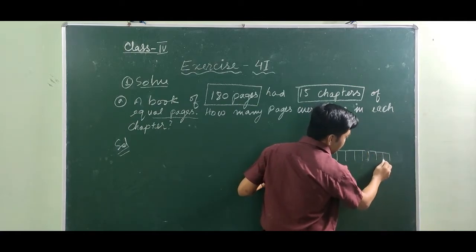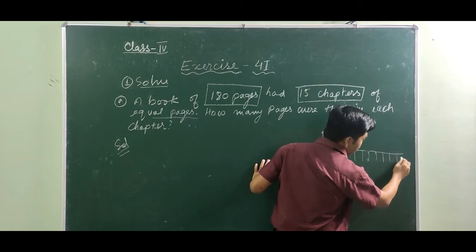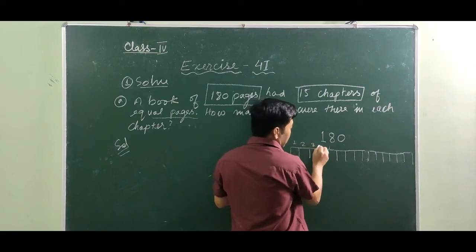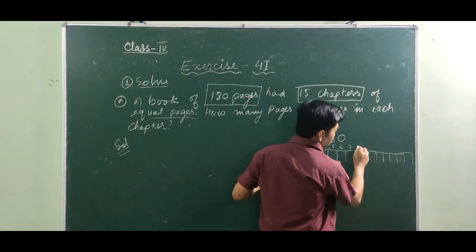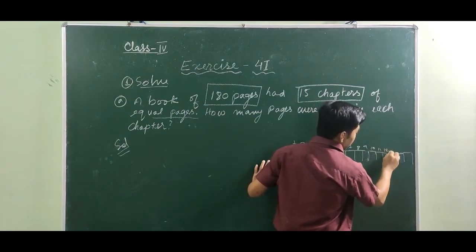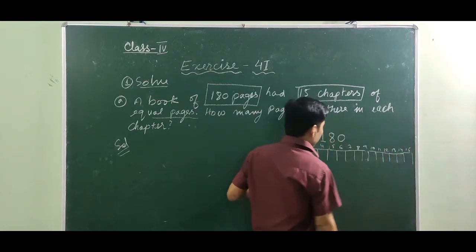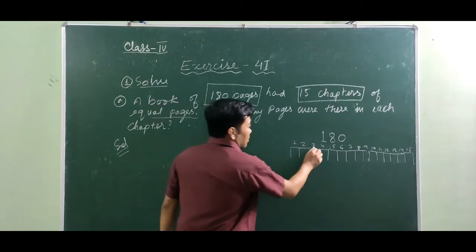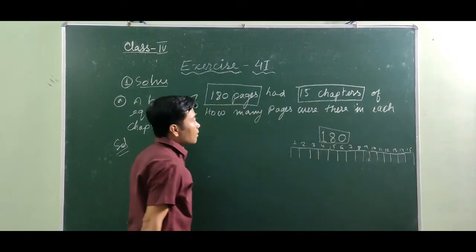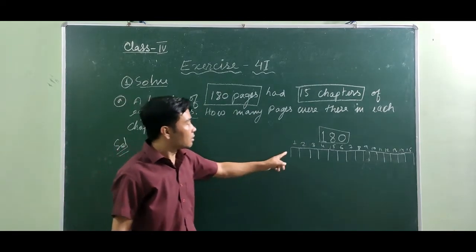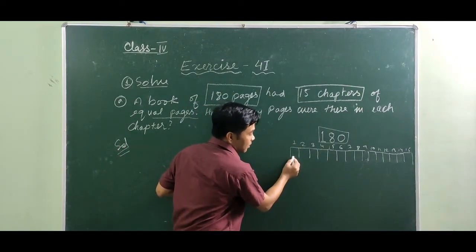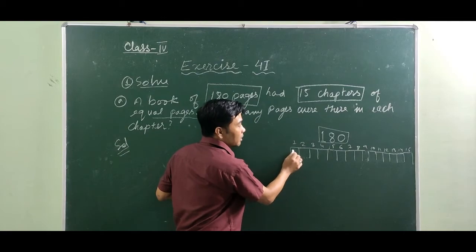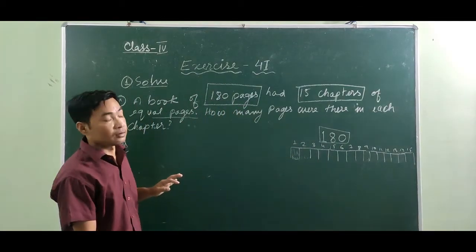Chapter 1, Chapter 2, 3, 4, 5, up to 15. So we have a total of 15 chapters in this one book. Now, what we have to find is how many pages are there in each chapter. Page 1, page 2, page 3, page 4. So in one chapter, how many pages are there? That we have to find out.